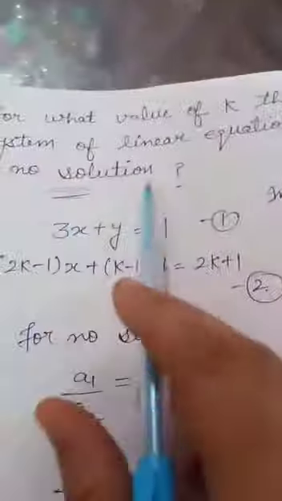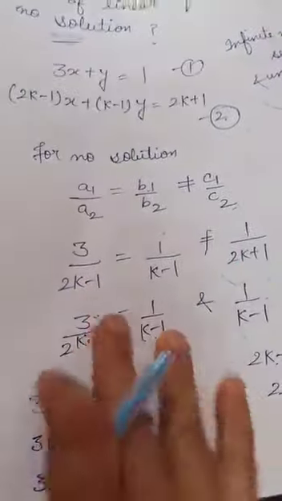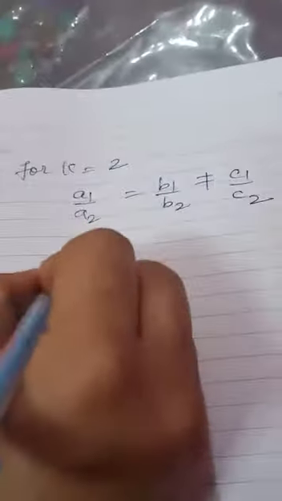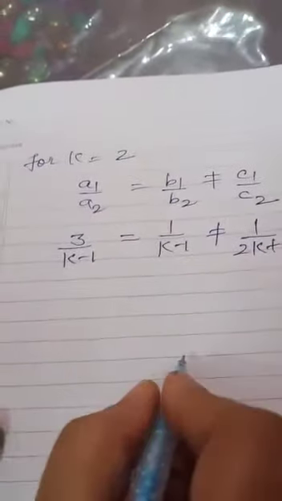You can check this condition also by substituting k equal to 2. Are you getting these all not equal? So for k equal to 2, what do we have? a1 upon a2 is equal to b1 upon b2 is not equal to c1 upon c2. That means 3 upon 2k minus 1, 1 upon k minus 1 is not equal to 1 upon 2k plus 1.